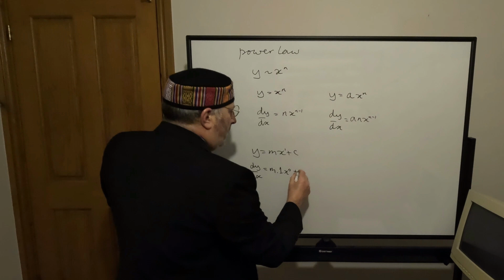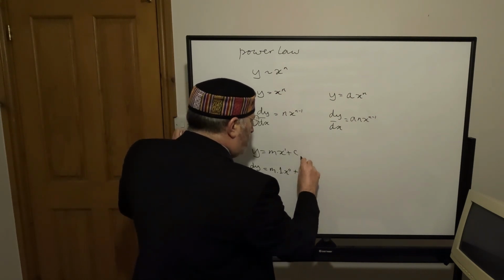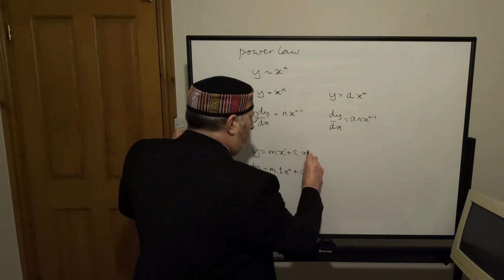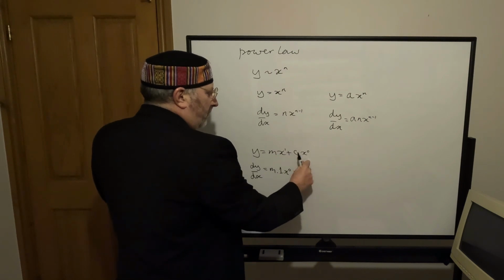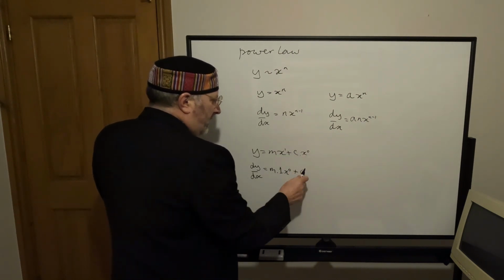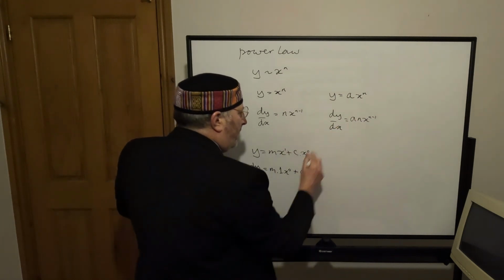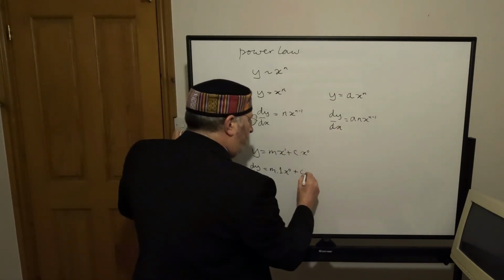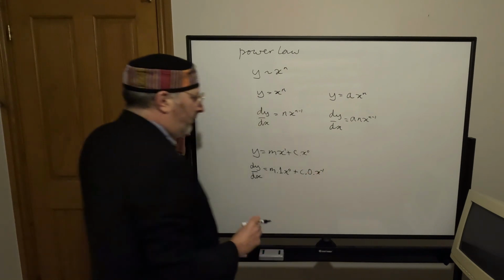Plus, well, if we want, we could consider this as c times x to the 0. x to the 0 is 1, remember, so c times 1 is c. So this is c times x to the 0. So again, applying this rule, n is 0, so that's c times 0 times x to the 0 minus 1, which is x to the minus 1.